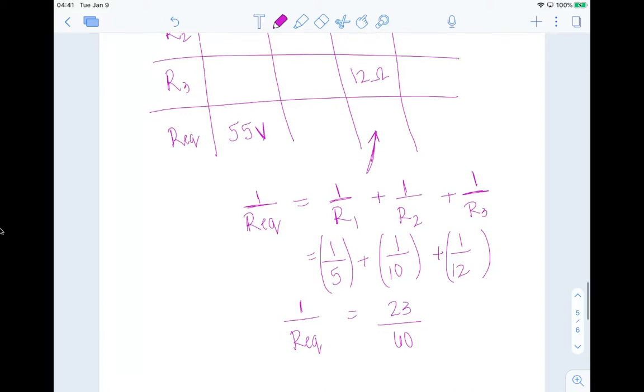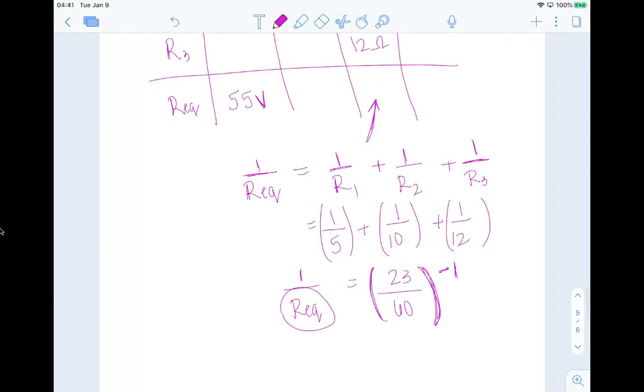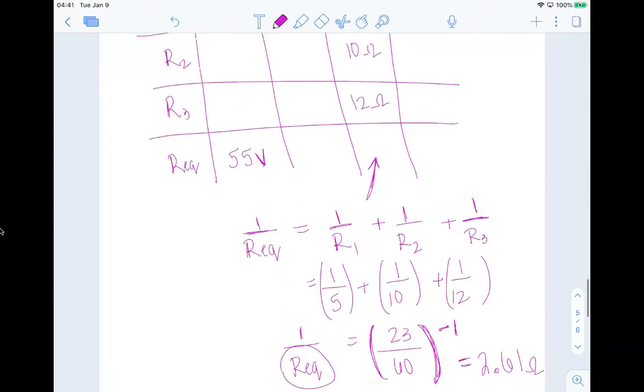Because we're solving for REQ and not 1 over REQ, we do need to take the inverse of our answer. So I'm going to raise our answer to the -1 power, and we should get 2.61 ohms as our total resistance.